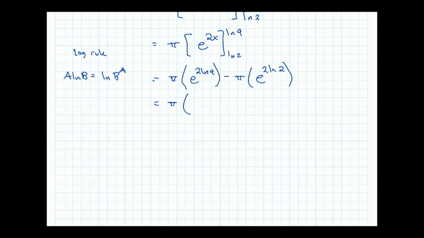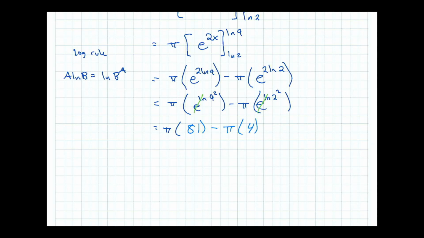So you can do that here and have pi e to the ln 9 squared, which is 81, minus pi e to the, do the same thing here, ln 2 to the 2, which of course is 4. Then the e and the ln's cancel, leaving me with just the 9 squared, which is 81, and here leaving me with just the 4.